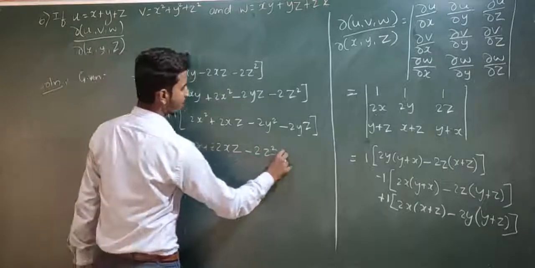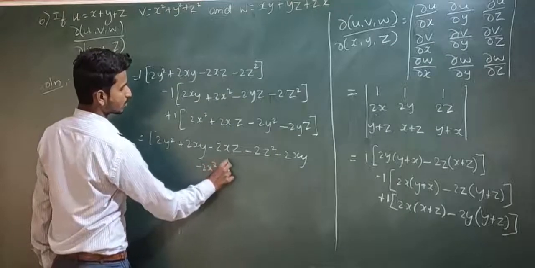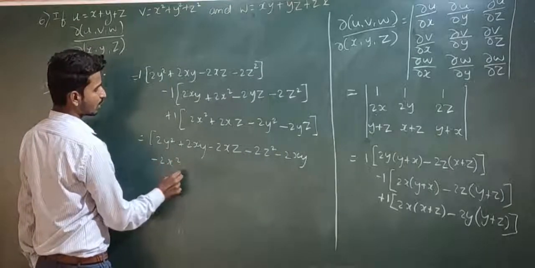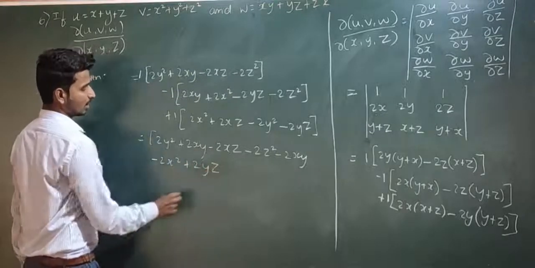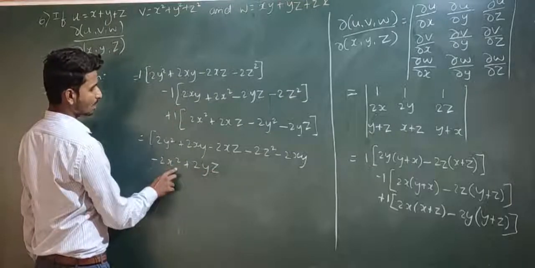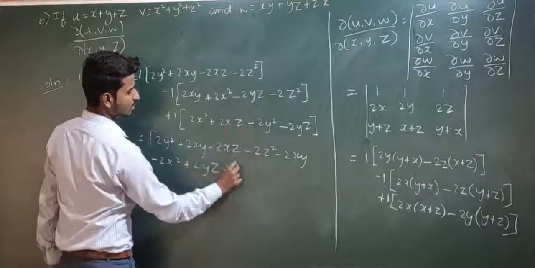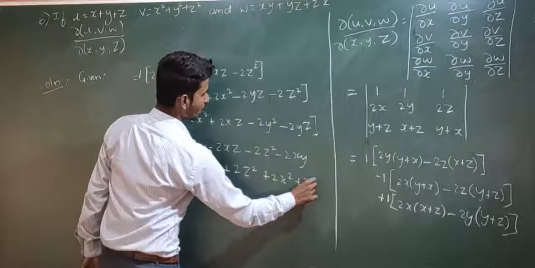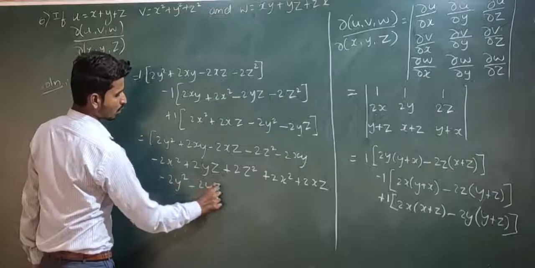Minus into 2xy is minus 2xy, minus 2x square, minus 2x square plus 2yz, minus 2xy minus 2x square plus 2yz, plus minus into minus plus, that is 2z square. Next, plus 2x square plus 2xz minus 2y square minus 2yz.